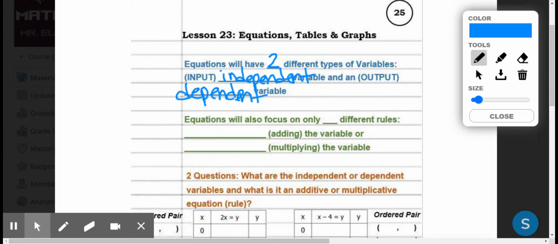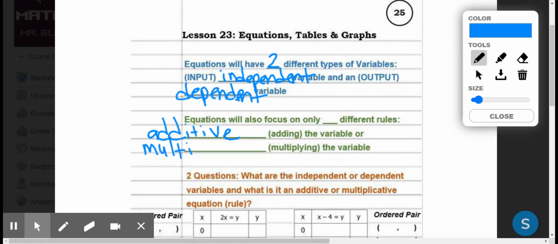So we're looking at independent variables and dependent variables, and then we're going to be looking at adding equations and multiplying equations. We have a long fancy word called additive. Additive equations or additive variables, where you're adding some to the variable, or we're going to have multiplicative.